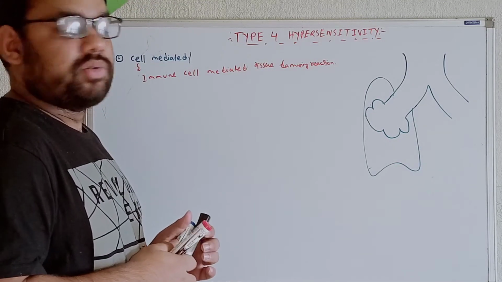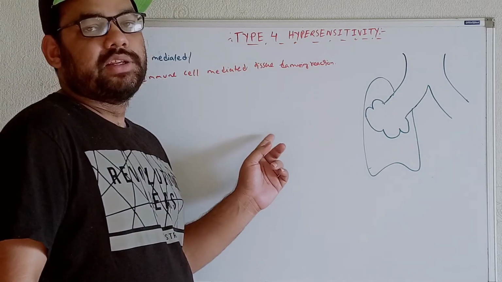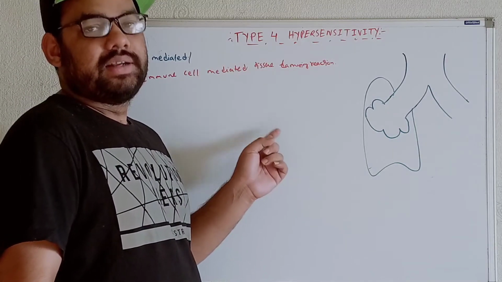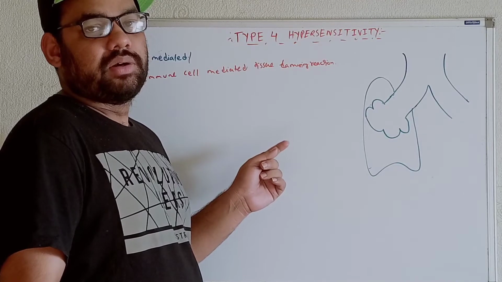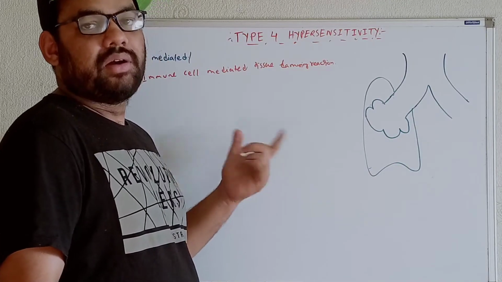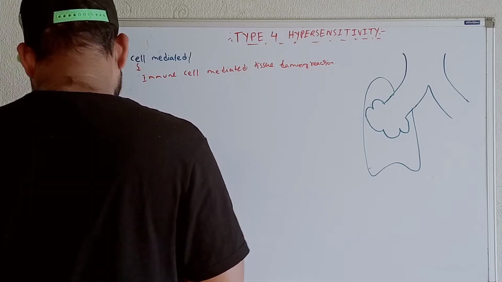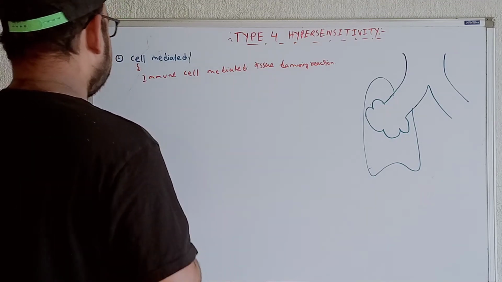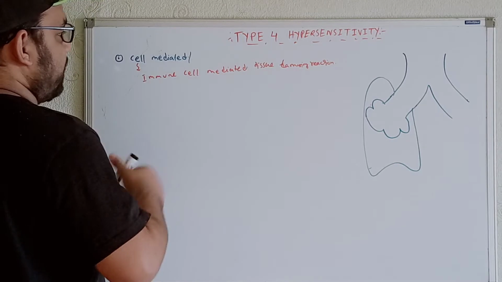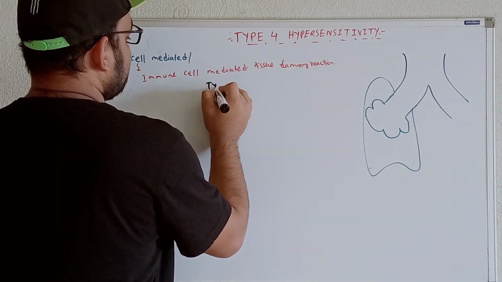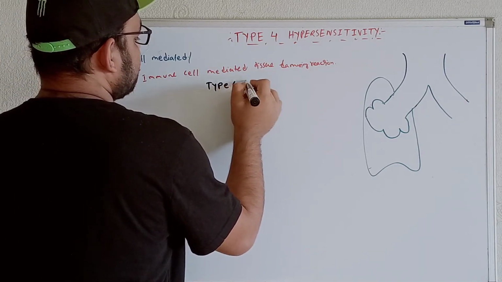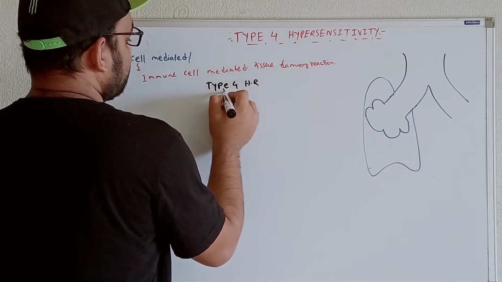Now we can classify type 4 hypersensitivity into two parts. One is the delayed type hypersensitivity reaction, and the other is the T cell dependent, or T lymphocyte mediated, hypersensitivity reaction. So I am writing it over here: type 4 hypersensitivity reactions we can classify in two ways.